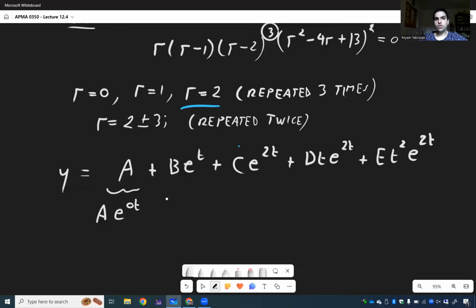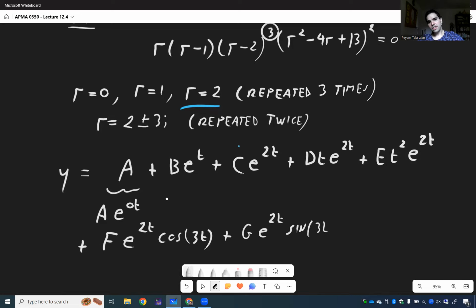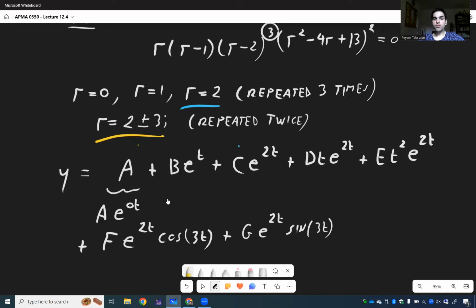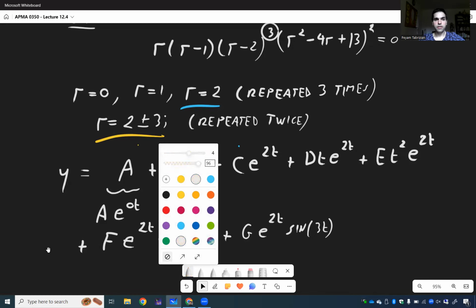And then for this 2 ± 3i, as before, we get f e^(2t) cosine 3t plus g e^(2t) sine of 3t. But because it's repeated twice, you have to redo this with an extra t.